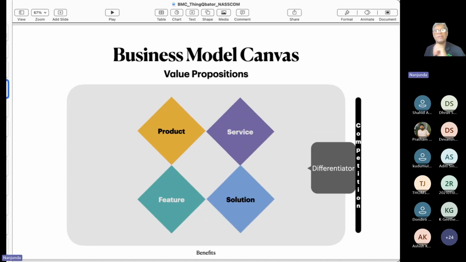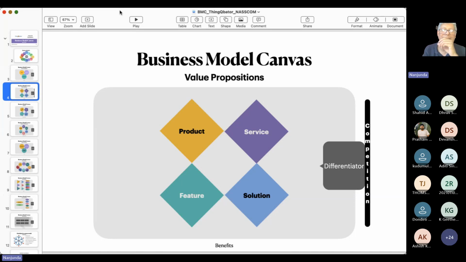I think you're familiar with this as well, right? Value proposition. Okay. So what is important in this slide is identifying the differentiators. We talk about the value proposition of our product, our service, our solution, and the features.